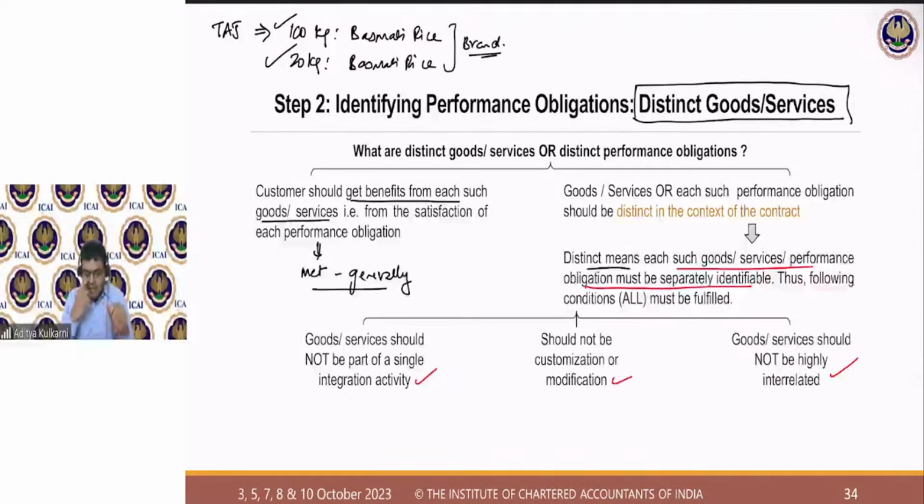Then we can understand better. Okay. So now let us assume that I am discussing this. Let us assume you are L&T, Larsen and Toubro.